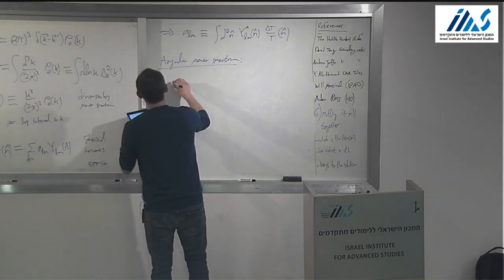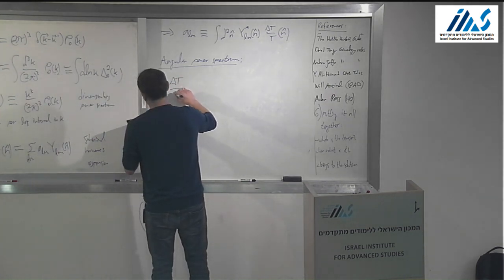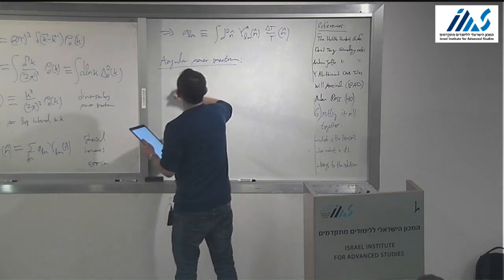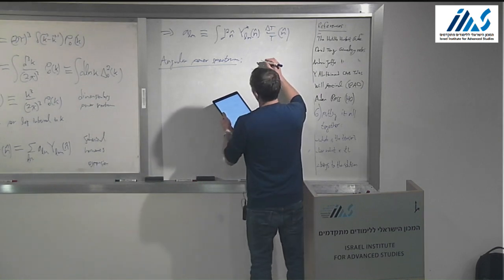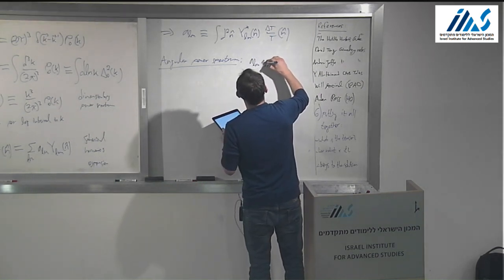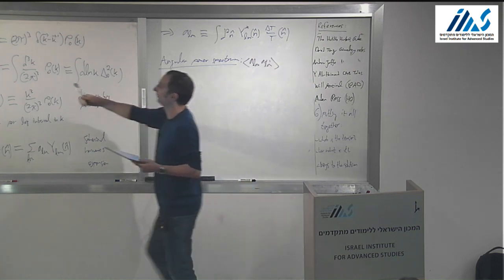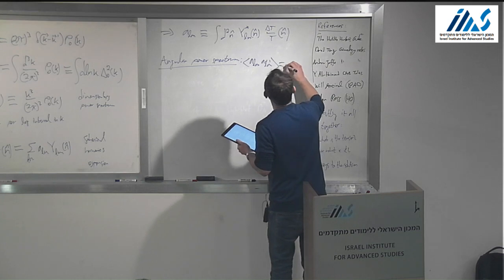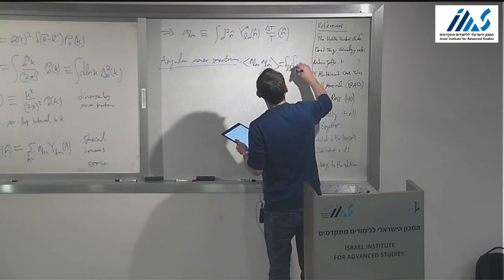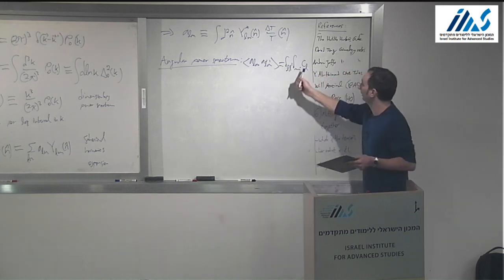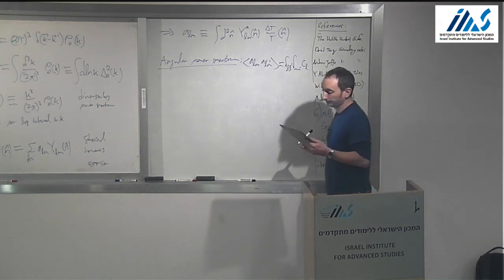So here what we do is we define, same way we had these delta naught of k, now we have these a_lm. And this is equal to delta_ll', delta_mm', C sub L. That's how I denote this quantity. Okay?